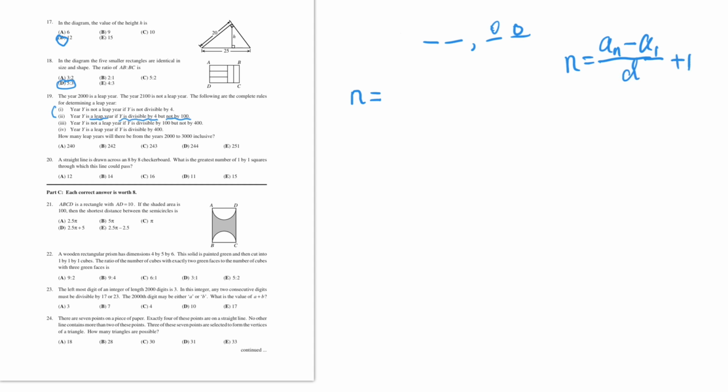So divisible by 4 from 2000, 2004, 2008, continuing on to 3000. This is an arithmetic sequence.